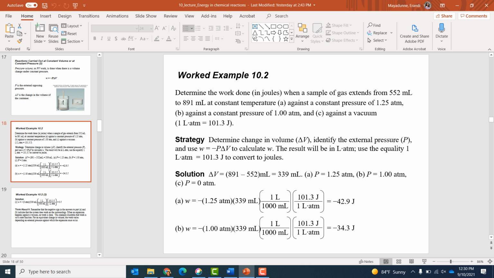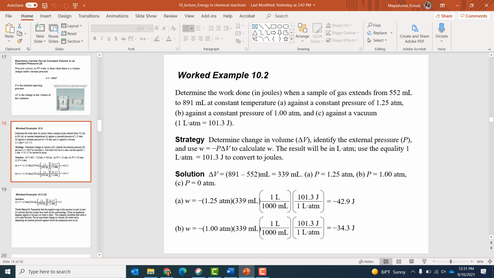42.9. You can easily find the pressure and the volume, but the unit conversion is a little challenging, because you want to convert milliliters to liters, which is why you divide by 1000, and then multiply by the 1.25 atm. Because you want to give the final answer in joules, you need to convert liter atm to joules.